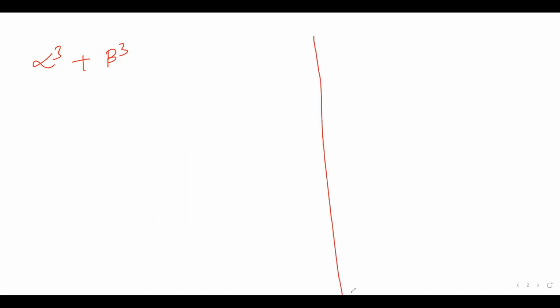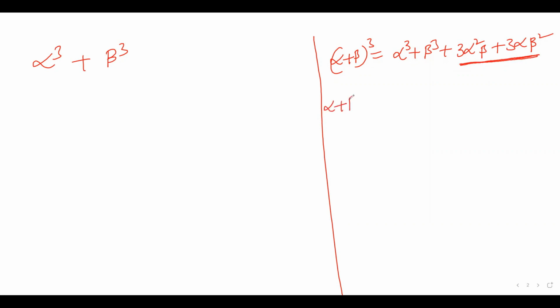So we have a formula, alpha plus beta whole cube, which is nothing but alpha cube plus beta cube plus 3 alpha square beta plus 3 alpha beta square. You can take 3 alpha beta common in the last two terms.